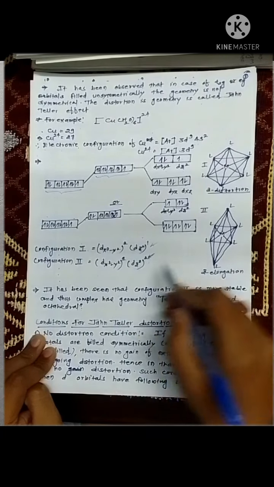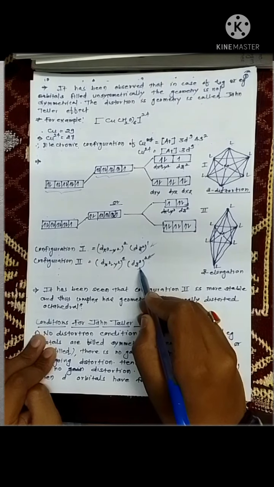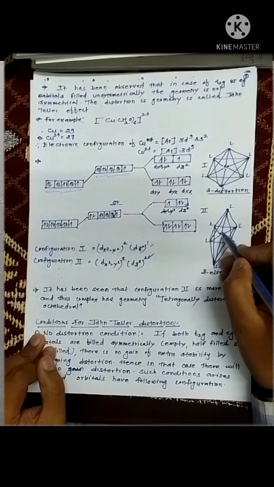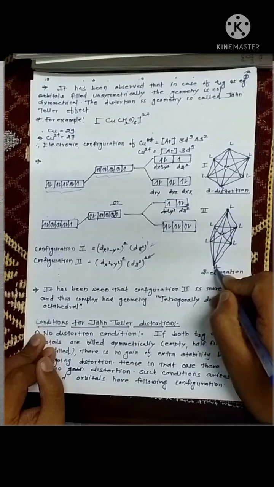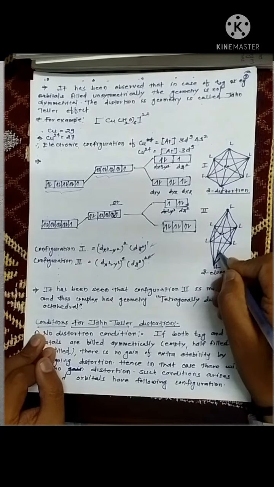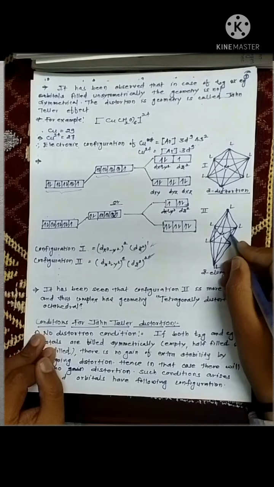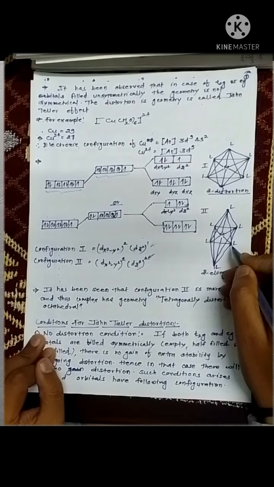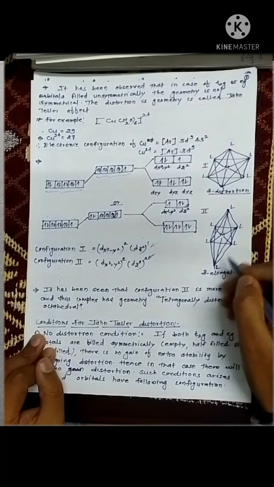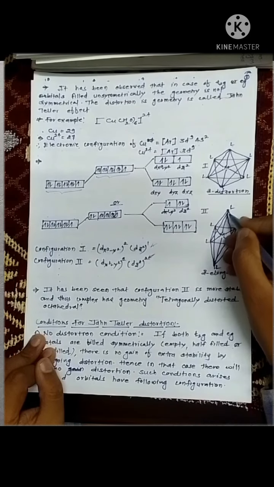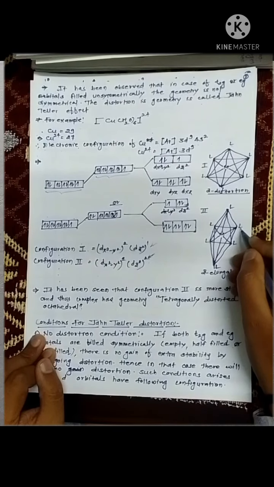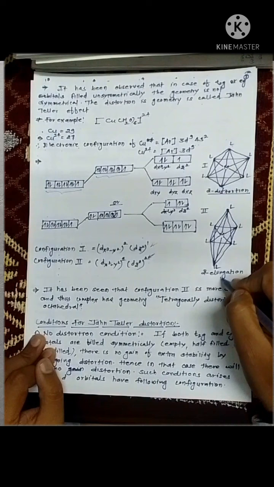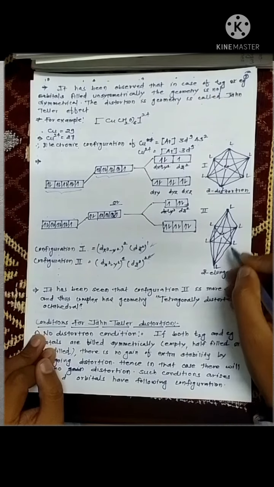In this case, the two ligands which come from the z axis feel more repulsion as compared to the xy axis ligands, and because of that these two ligands are at a somewhat higher distance as compared to the ligands coming from the x and y axes, and it is known as z elongation geometry.